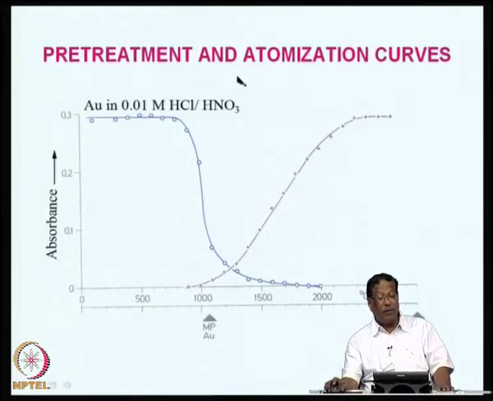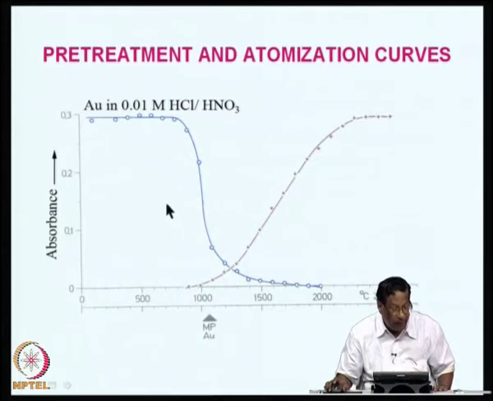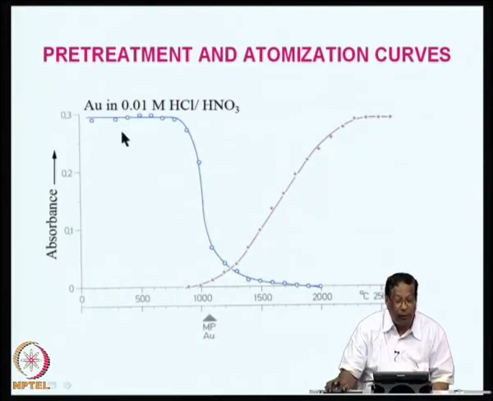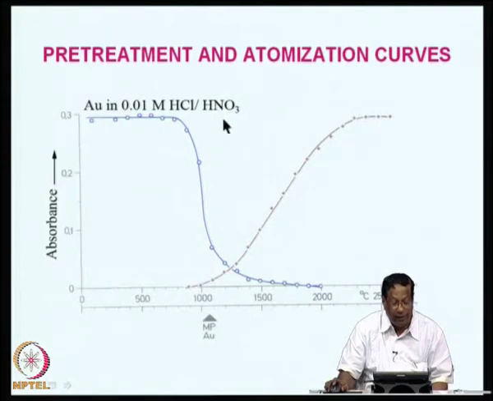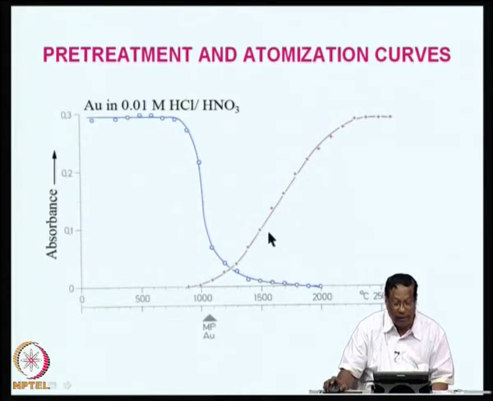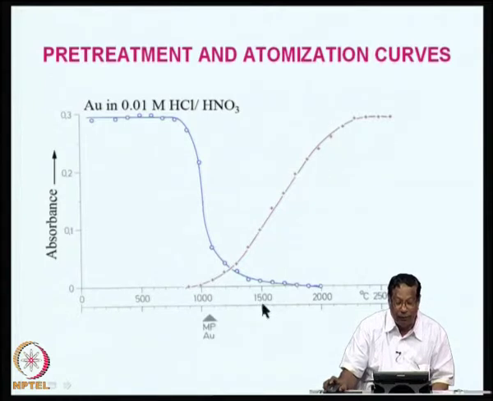For example, here I am showing you a pretreatment and atomization curve for gold in 0.01 molar HCl HNO3, and with matrix modifier you can see that up to 1000 degrees there is no loss, almost up to 900 without this, and then atomization temperature you can see that it starts from 900 itself. So, as it keeps on increasing, you should not be doing atomization at this stage, somewhere around 1500 or 2000 also, because the atomization is not complete.